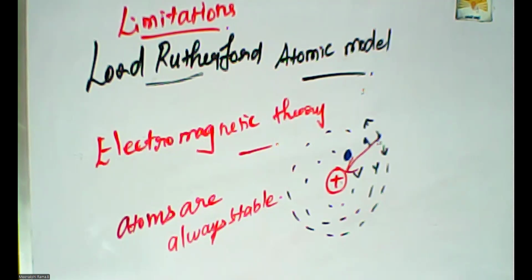Next one, see here, it is very clear. The center part is the nucleus. These are all the alpha particles. The alpha particles go in a straight line, some are slightly deflected, and some bounce back. Now I want to increase the energy level.